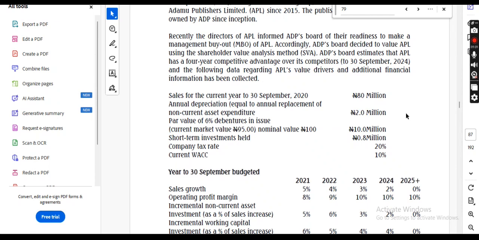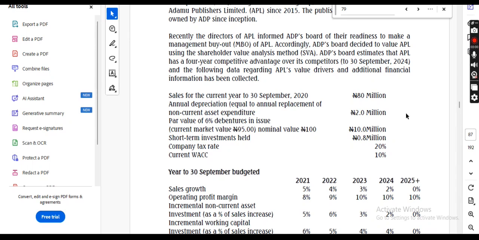The par value of 6% debenture issued, that is the debt. The current market value is 95, should be 95 naira market value. The nominal value is 100, with the total figure given to us being 10 million.